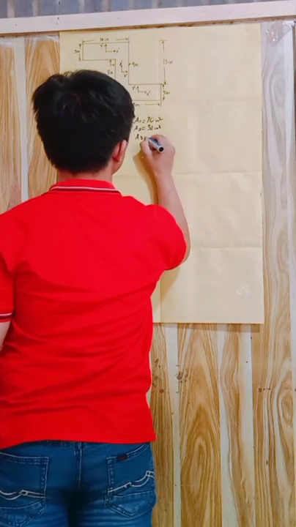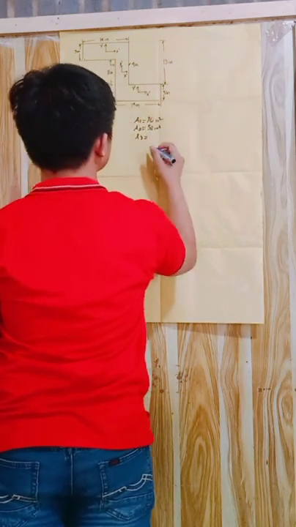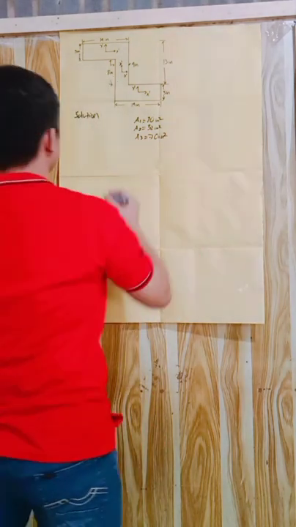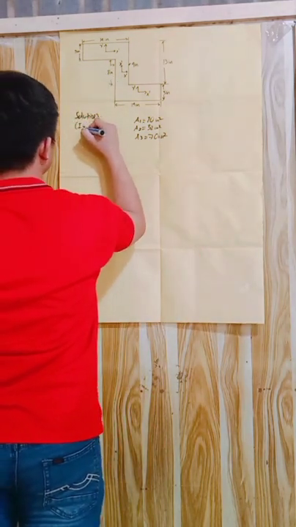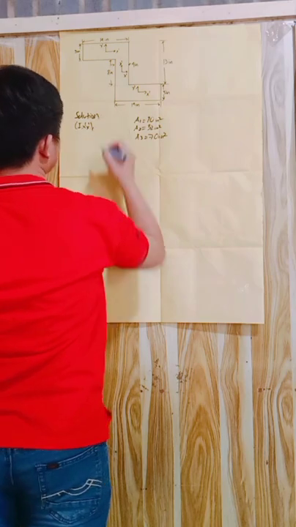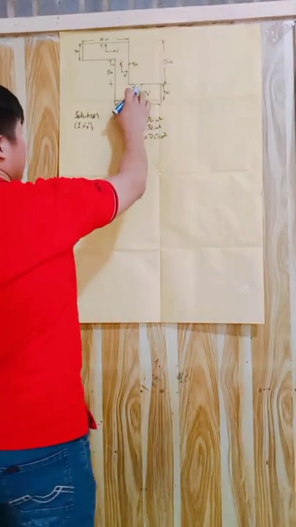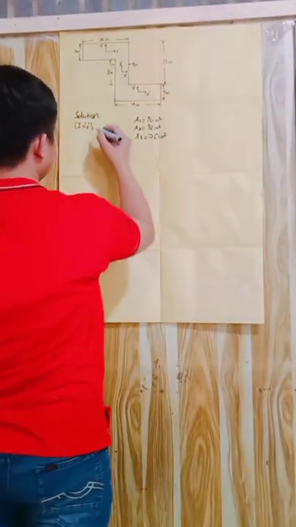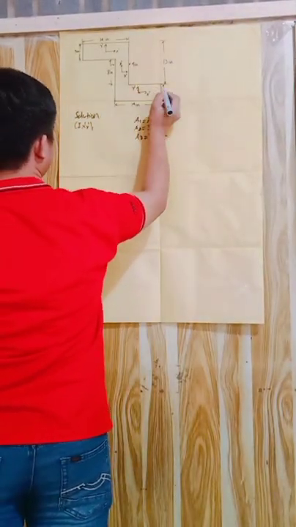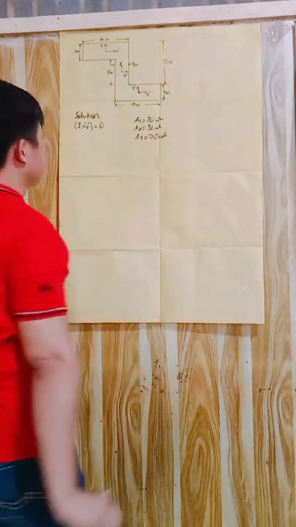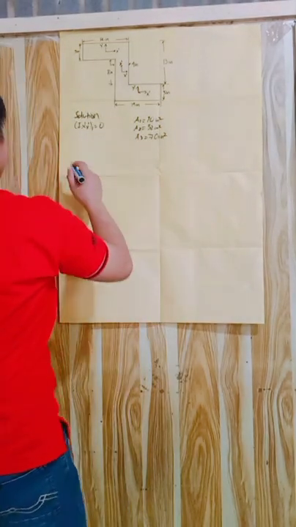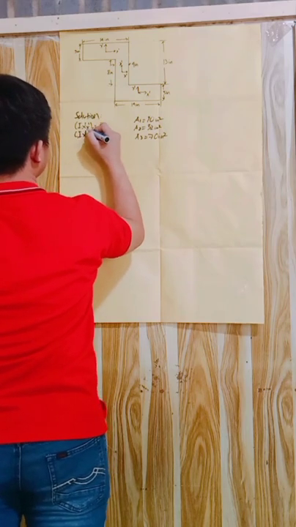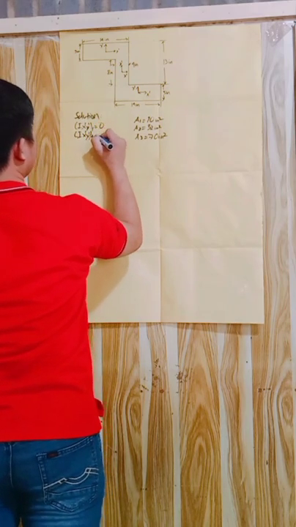Area 3 is equal to, they're the same, so 70. So we all know that if a shape is symmetrical, the product of inertia about its respective x and y axis is equal to 0. So this is just similar, they are all equal to 0. Y prime sub 2 is equal to 0.